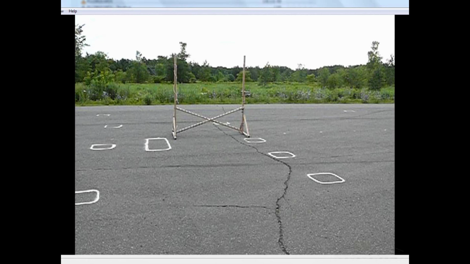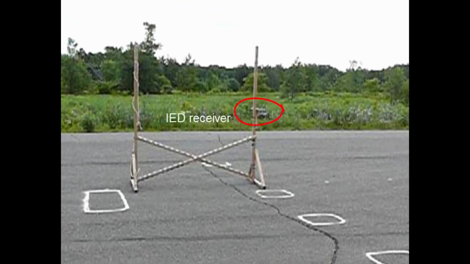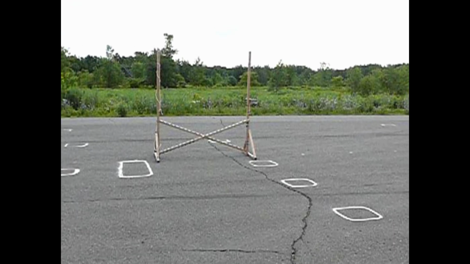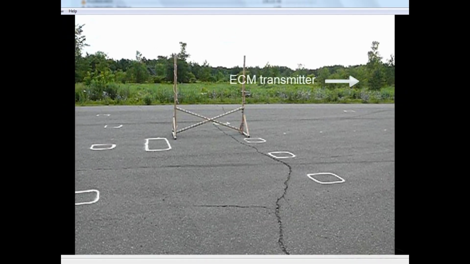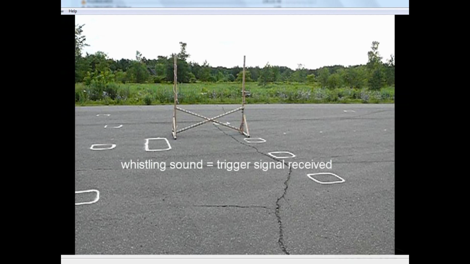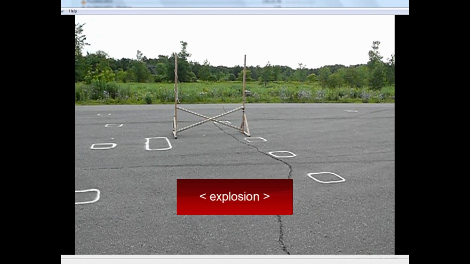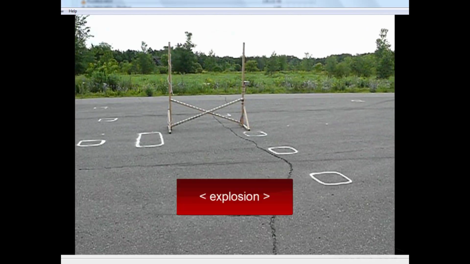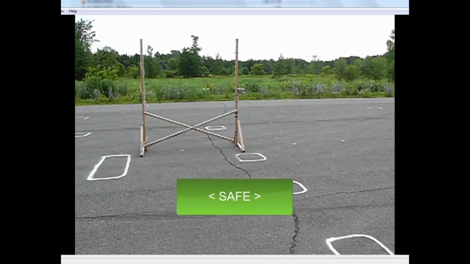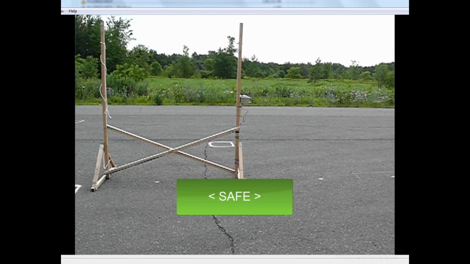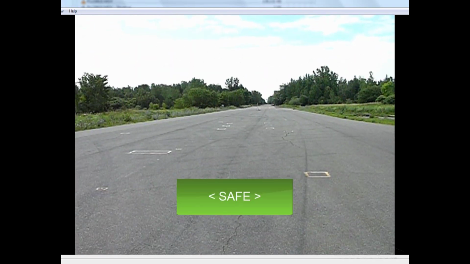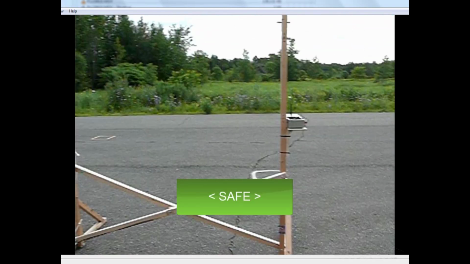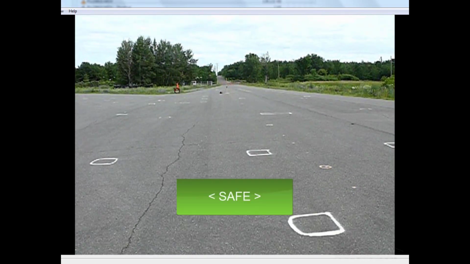In the middle of this image is an IED receiver on a wooden test stand. There's an ECM transmitter off to the right, and then the trigger signal transmitter off to the left. And the IED receiver in the middle of this picture makes a whistling sound when it receives the trigger signal. Service denial test. The receiver, which you're looking at now, is 80 meters from the ECM transmitter, which is downrange, and 40 meters from the transmitter, which is here.